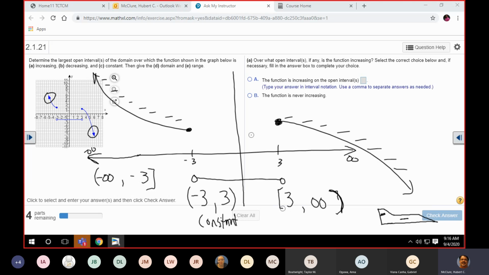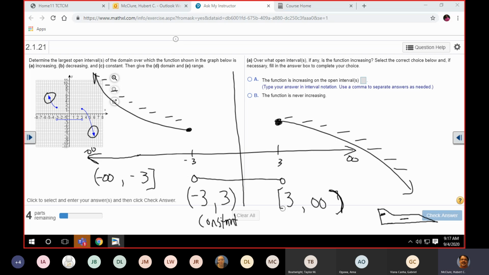And that's how you do decreasing and increasing. So all you have to do is imagine a plane on the left-hand side and tell me what that plane is doing, and then write down the x values that it's doing it. That's how you do increasing, decreasing, whatever.